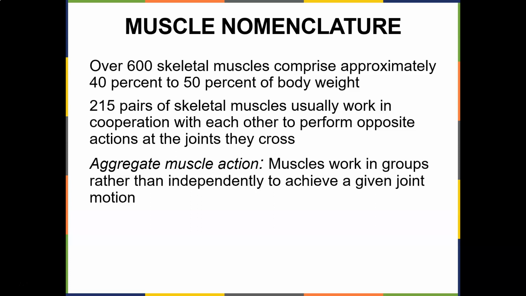So when you go to the gym and just individually work a muscle, such as the quads on a machine, it's fine to do for aesthetics, but functionally for sports performance, it doesn't do us any good. Everything has to work together, such as aggregate. So your hams, your quads, your glutes, they all have to work in unison for us to get the best bang for our buck. So again, doing compound movements such as deadlifts, squats, lunges is much more effective for sports performance than going to the gym and doing individual machines.